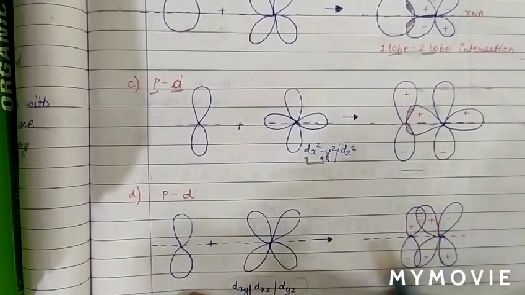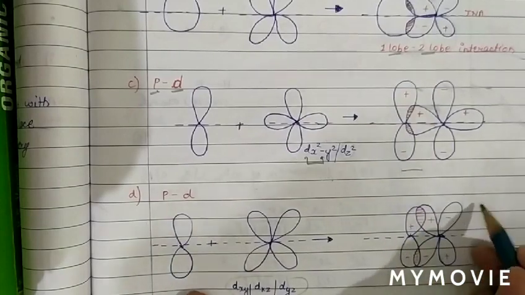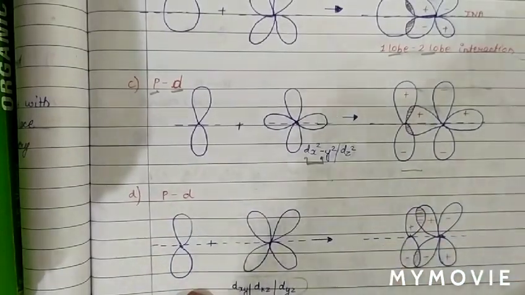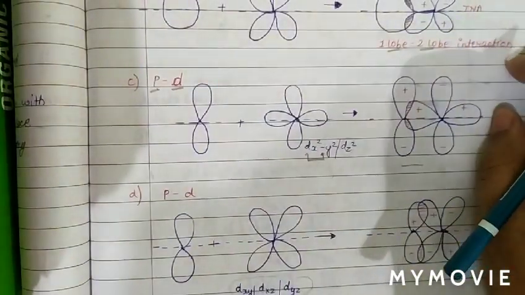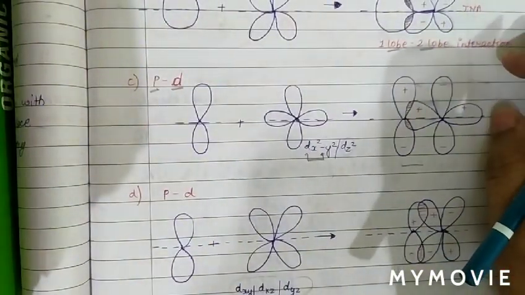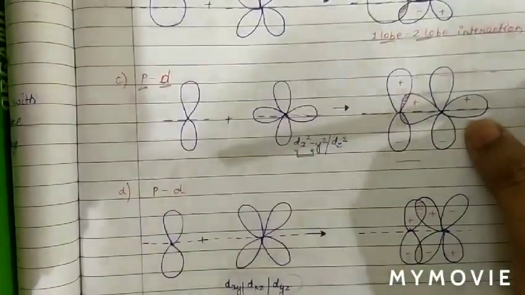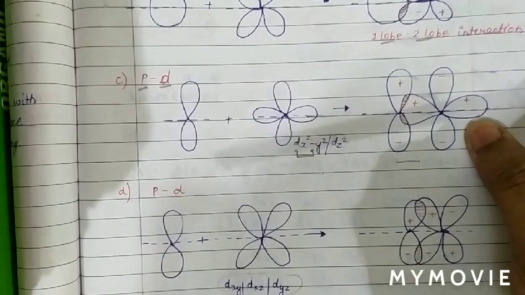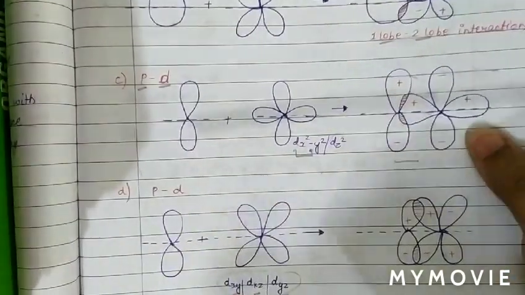So when the orbital overlapping takes place, as the positive region is equal in area to the negative, it will cancel out, hence it is also a case of zero overlapping. So four cases we have discussed for zero overlapping: one is sp, one is sd, and two are pd. In pd there are two types of d orbital used: dx square minus y square and dz square, and dxy, dxz and dyz.